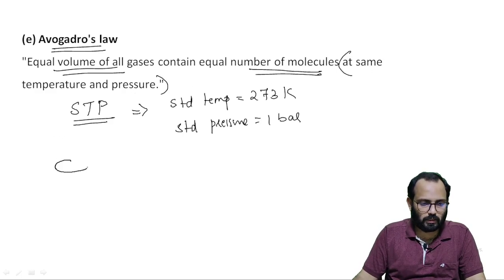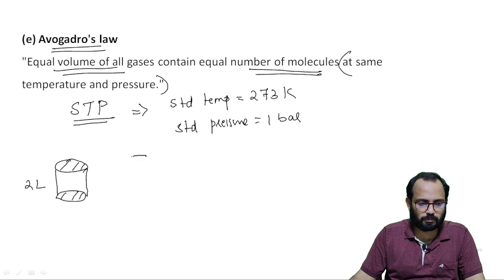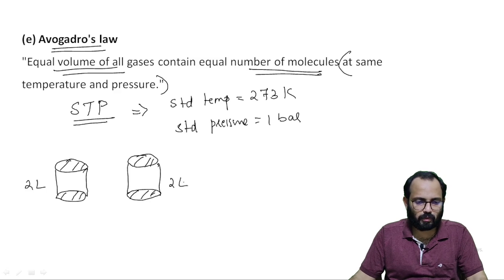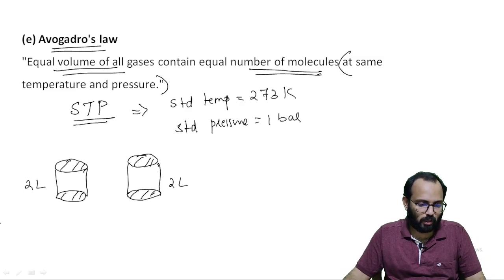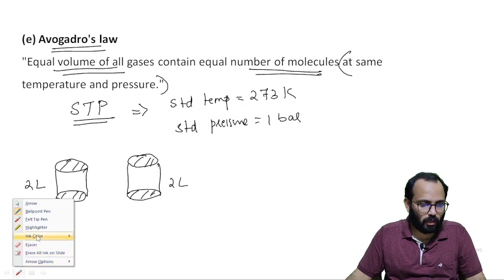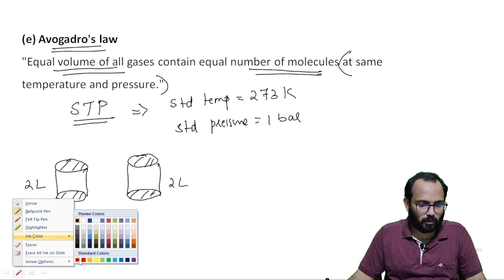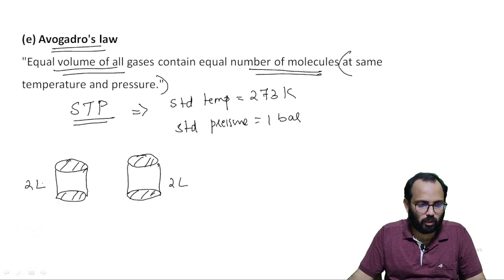Equal volume of gases, let's say again I took two containers, one container with a volume of, let's say, 2 liter. In this container I filled some gas, and another container is also 2 liter. Maybe if you look at this, you will feel that this one is small and this one is big, but it's not. Both are of equal volume. So let's say this is one 2 liter vessel, this is another 2 liter vessel.